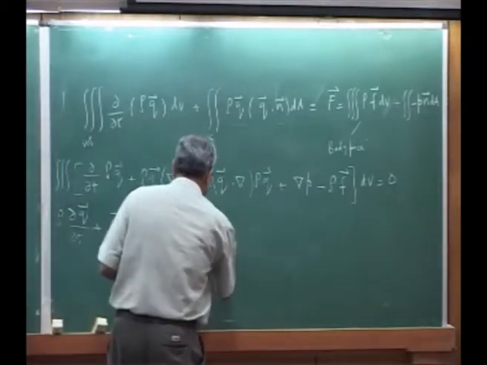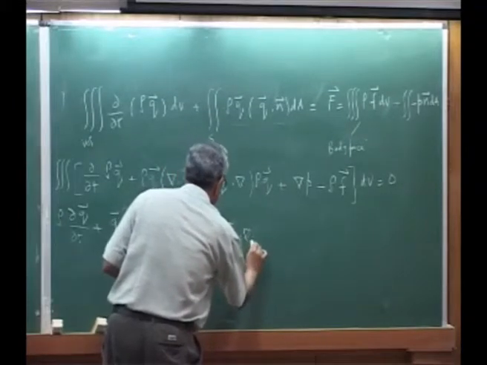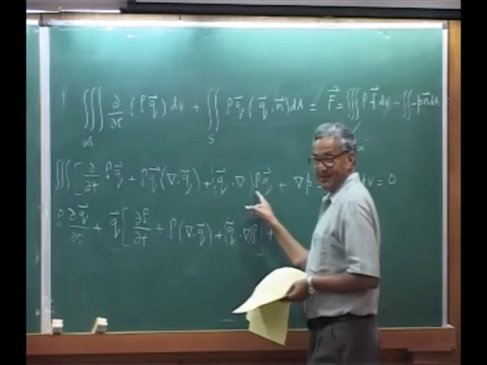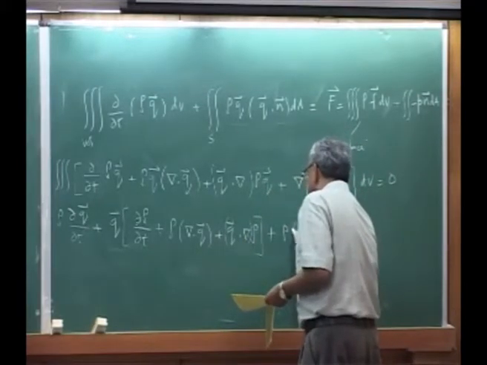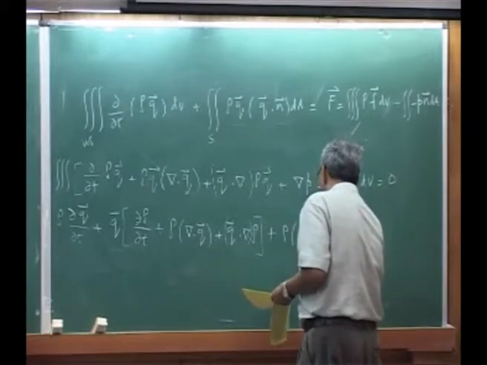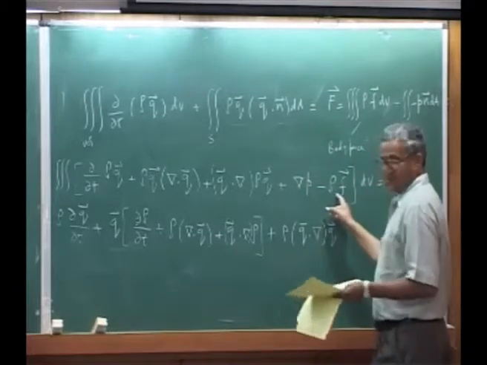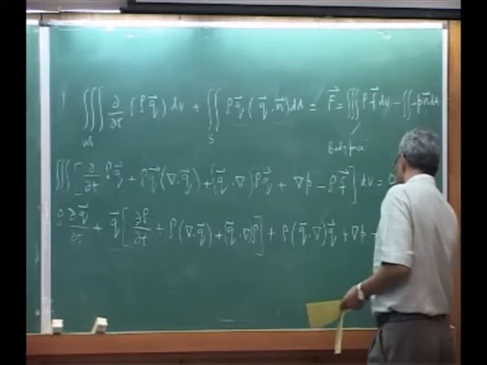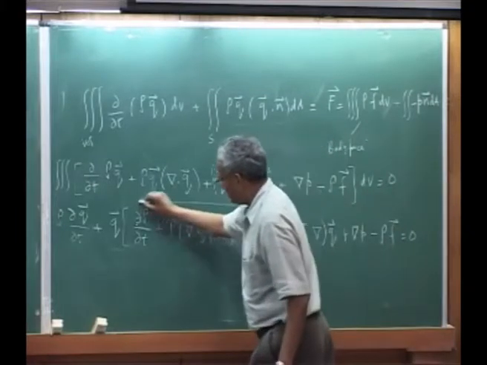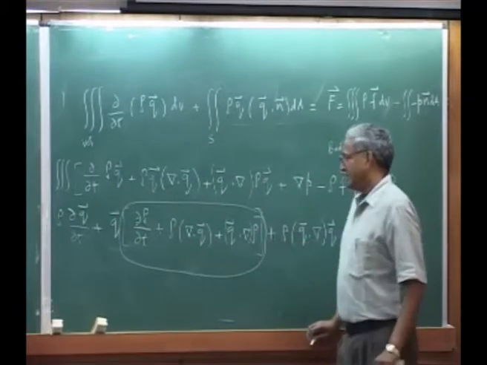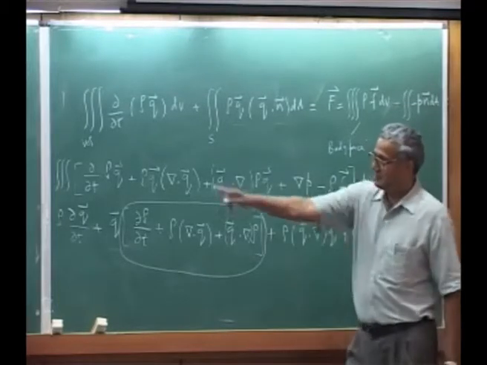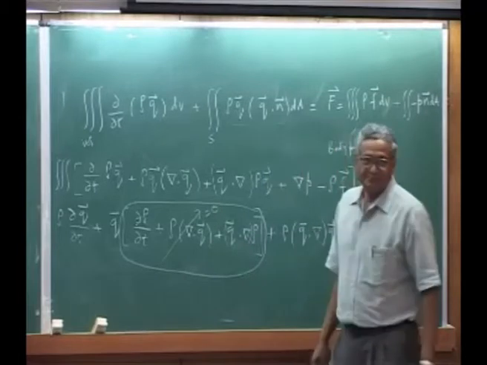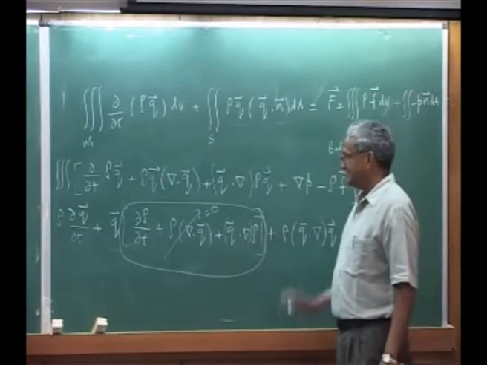Now when I take that, I will have Q dot del rho plus, because I am taking two terms, the second term will be rho Q dot del of Q. You will have the pressure term, plus del P, and minus rho F. Now if you look at this particular term, this is nothing but my continuity equation. Therefore this is identically 0.